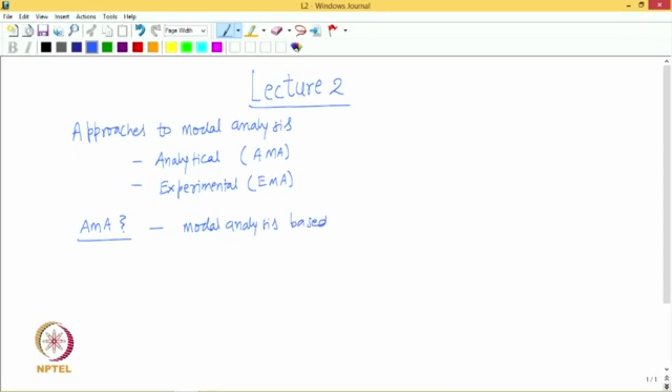So, it is model analysis based on a spatial model of the system. And what is a spatial model?